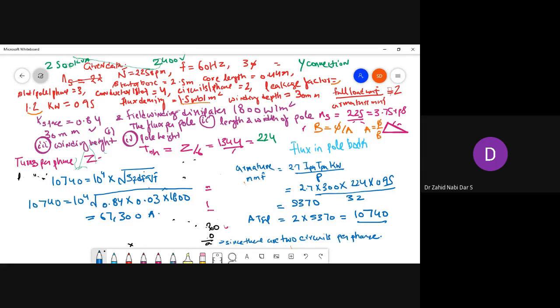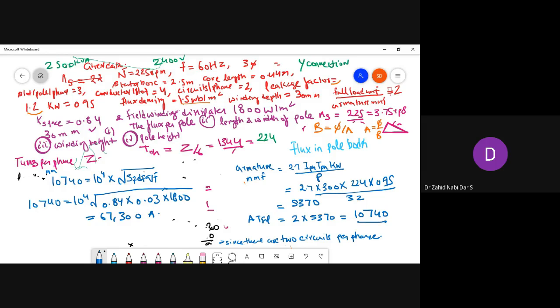Okay, 67300 amps. Now one important consideration over here is what the height of the field winding would depend upon. See, this 67300, 10 power 4 into, this is mmf per meter height of winding.